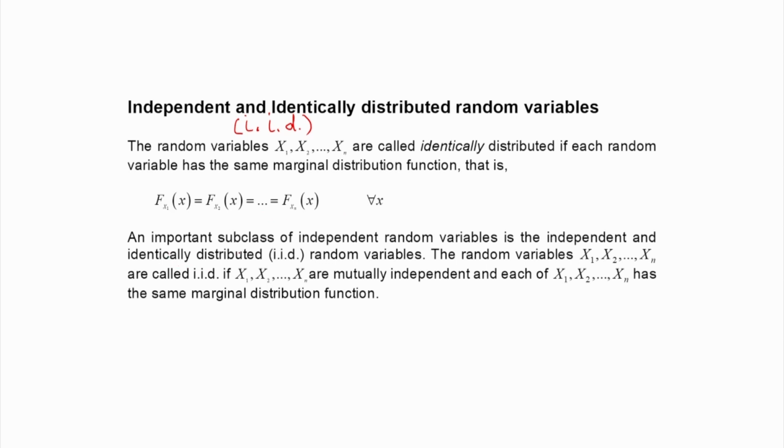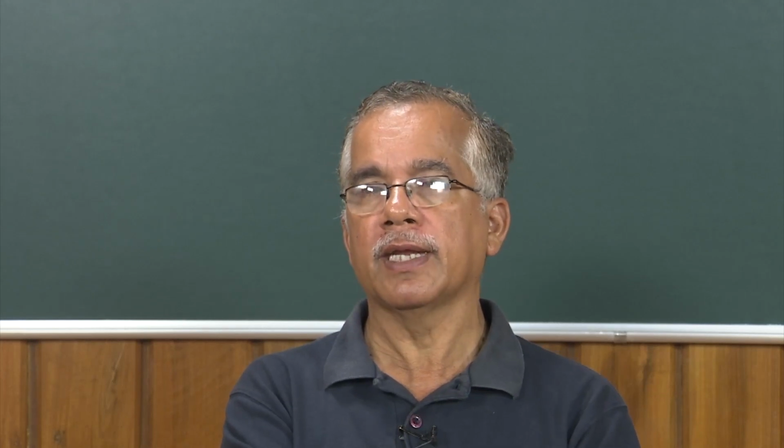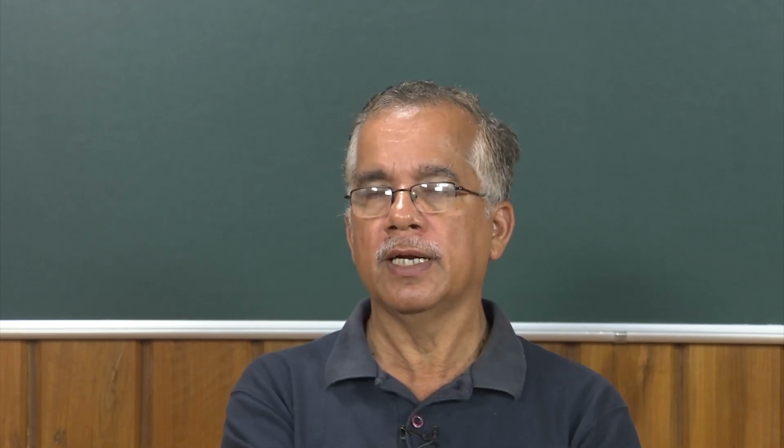Now, an important subclass of independent random variables is the independent and identically distributed random variables. These random variables are mutually independent and each of the X_i's has the same marginal distribution function or marginal PDF. That way we talk about IID random variables, independent and identically distributed random variables.